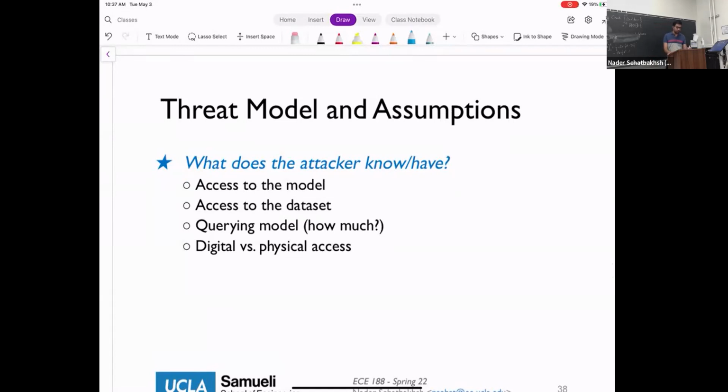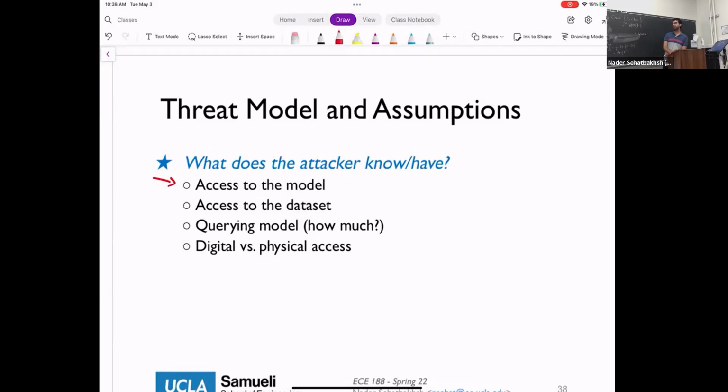The four main things we always need to pay attention to start with whether the attacker has access to the model. When we say access to the model, it usually means knowing exactly what the structure of the model is. Let's say you want to attack a voice recognition system like Amazon Alexa.